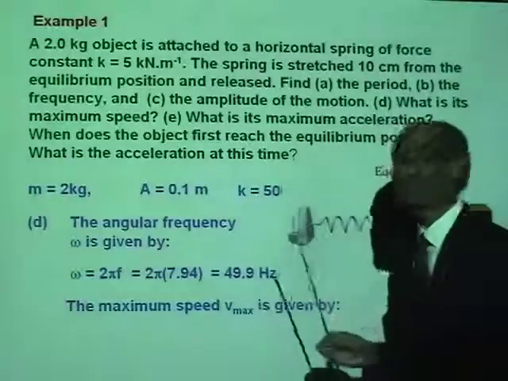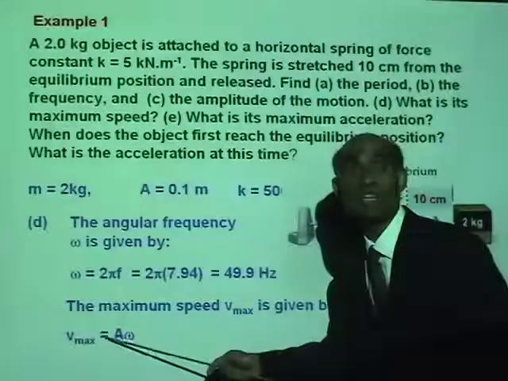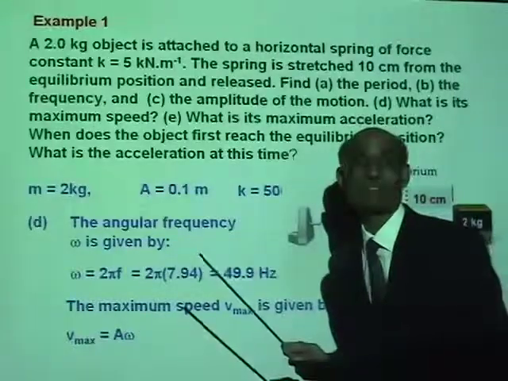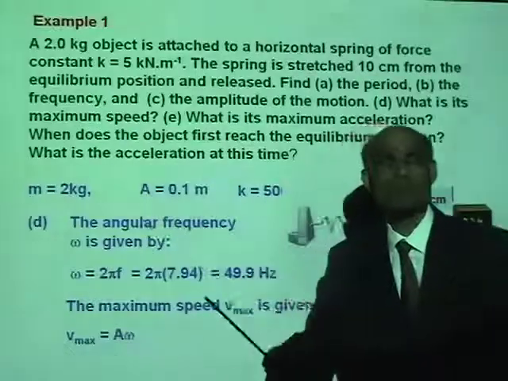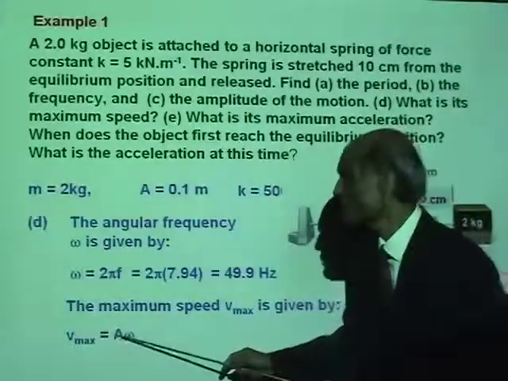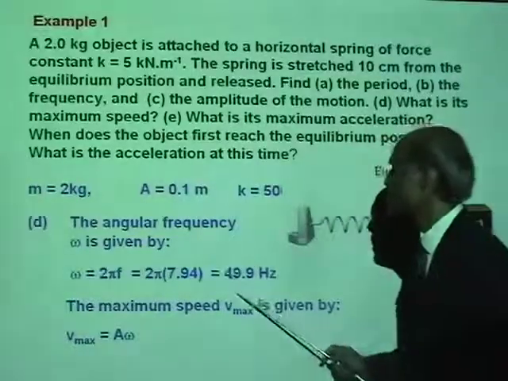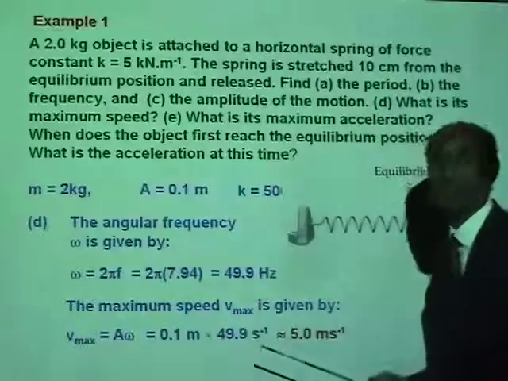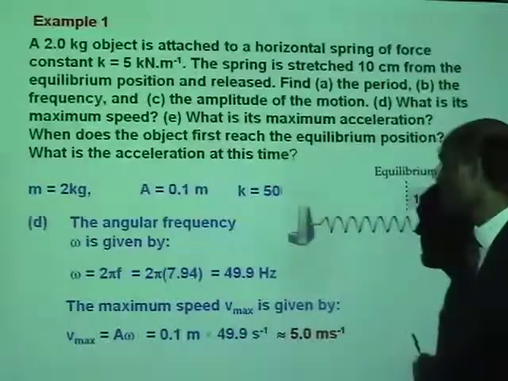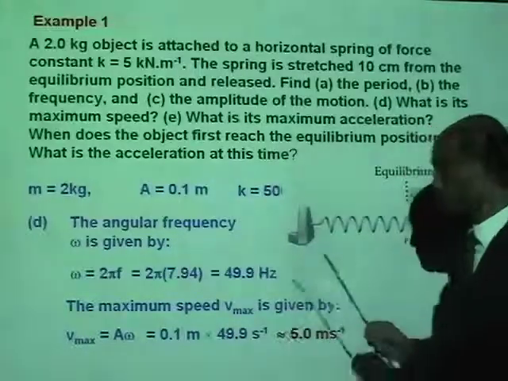And what is the equation for maximum speed? Vmax equal to A omega. See, look at this. Once you know the equation, problem solving becomes very easy. Vmax is A omega. A is 0.1 meter. Omega is 49.9. And therefore, that is 5 meters per second. That is the maximum velocity.